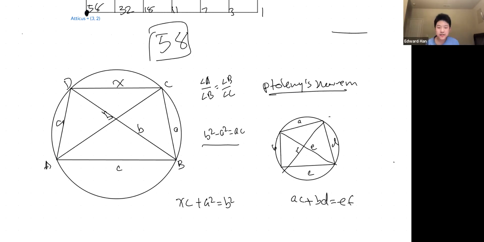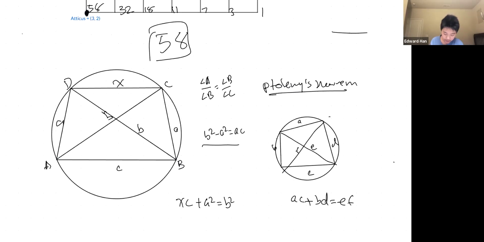Now we want to solve for C, and that's not actually going to be too hard in this case. There's something that really helps us from Ptolemy's theorem. We see there's no AC, which is not that good, but we have A squared and B squared.